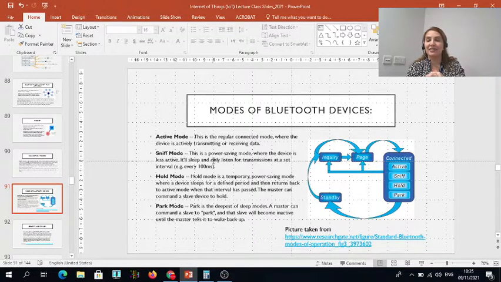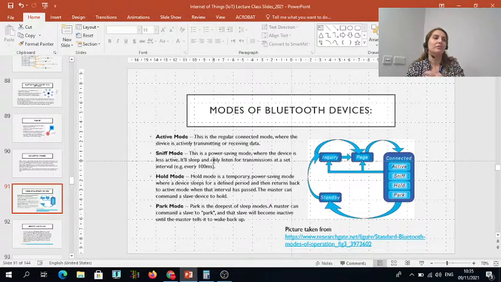It's called park mode. Park mode is the deepest sleep that one Bluetooth device can go in. It's someone that is at a party but is sleeping, so it doesn't know what's happening at the party. So that would be the park mode. So they are kind of in standby mode, waiting for the inquiry to come back to active mode.